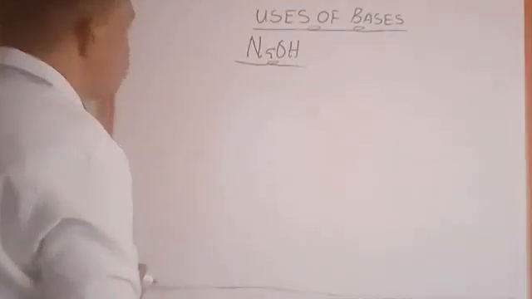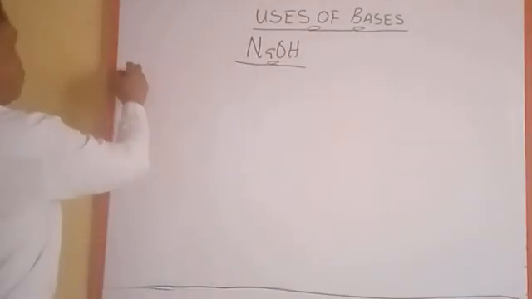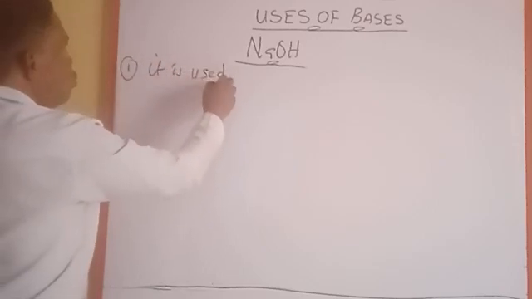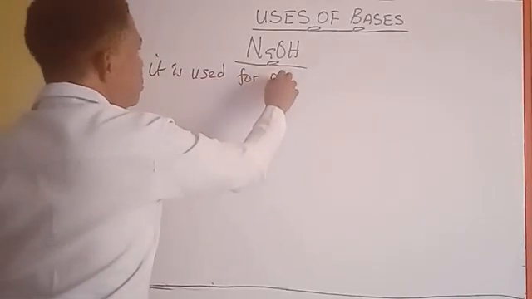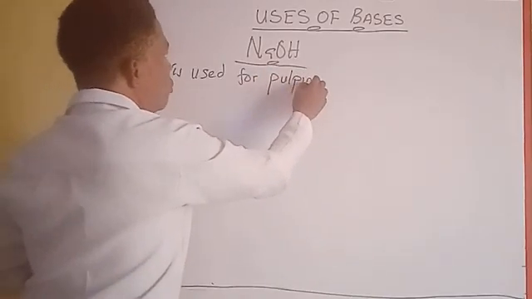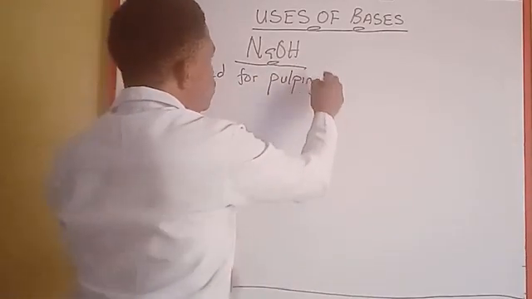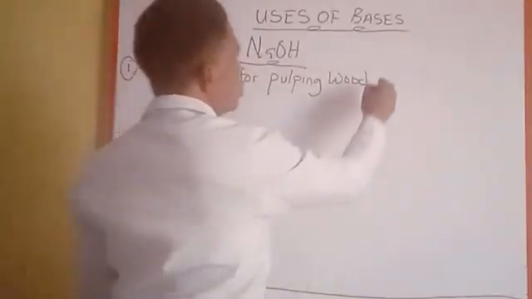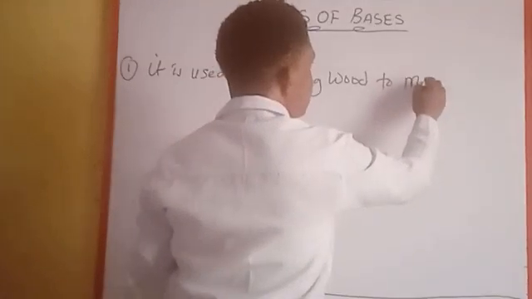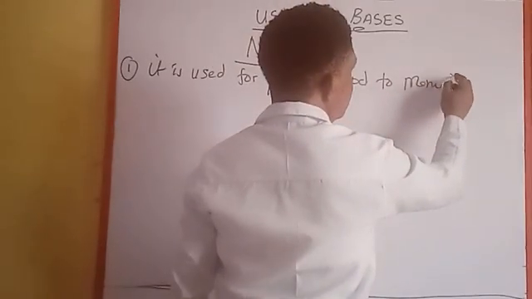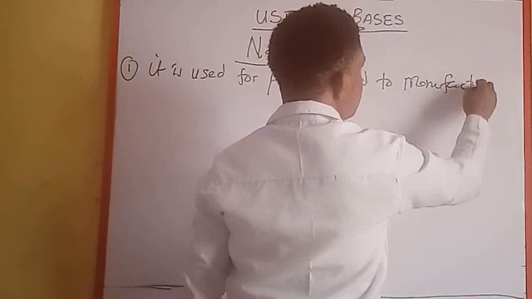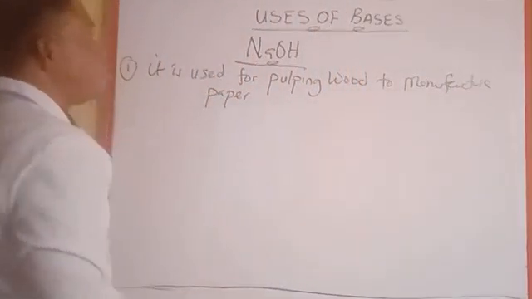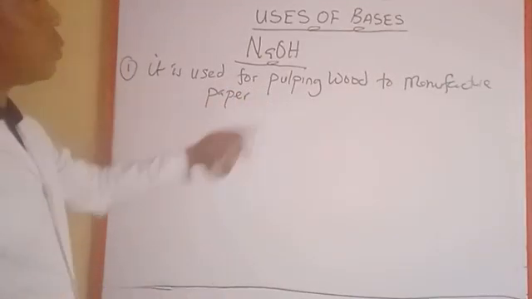Number 1, it is used for pulping wood to manufacture paper. It is used for pulping wood that is used to manufacture paper.